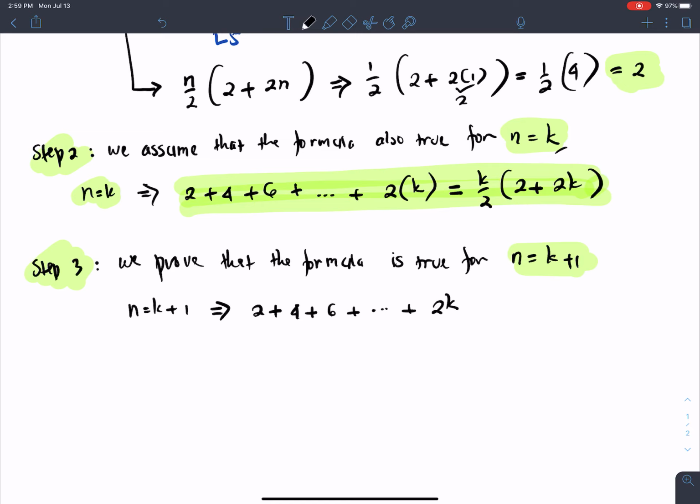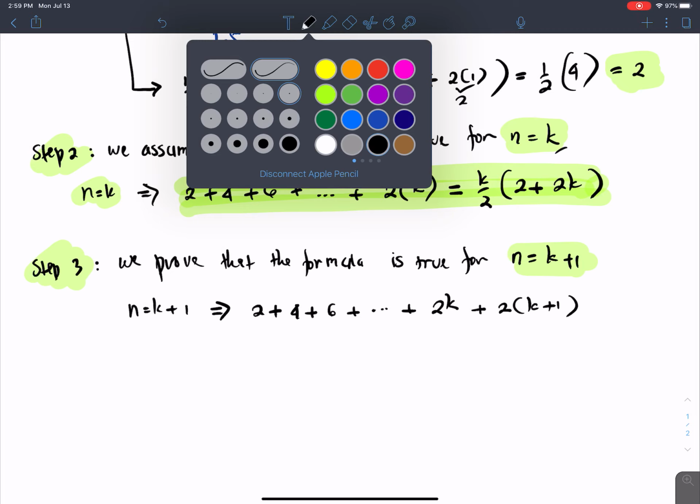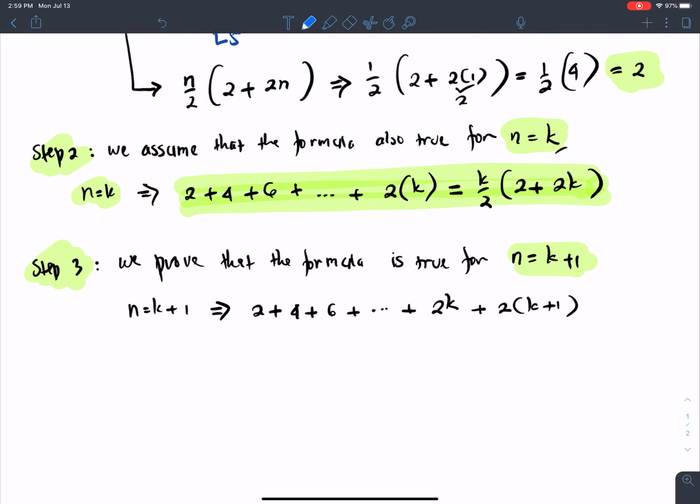So for n equal to k plus 1, that will be the next term, k plus 1. Okay, so I'm going to stop first and highlight here so that you will get the idea. From 2 plus 4 plus 6 plus so on up to plus 2k.